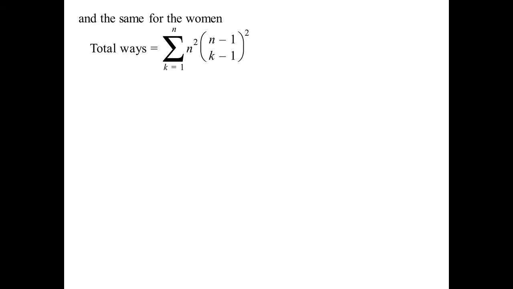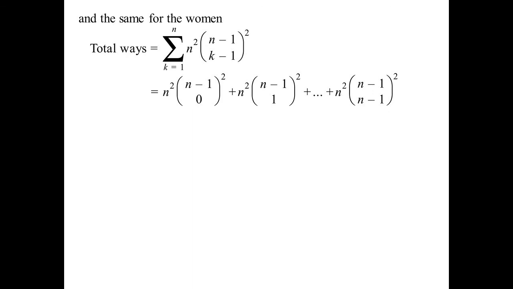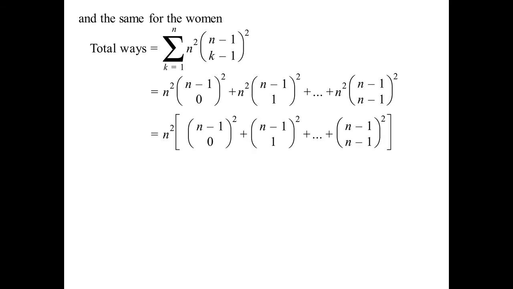So let's expand that out, and I'm going to be left with n squared, n minus 1 C 0 squared, plus n squared, n minus 1 C 1 squared, and so on and so on. I can pull out the n squared, so I'll have n squared outside of n minus 1 C 0 squared, plus n minus 1 C 1 squared, plus and so on and so on. But we can use our result.